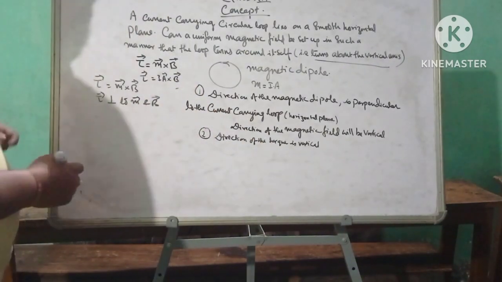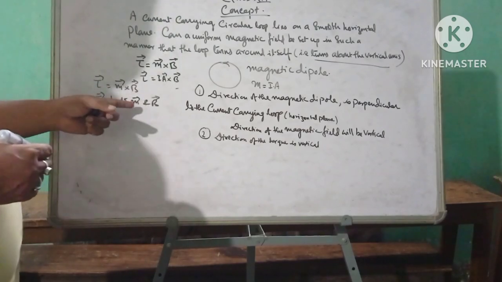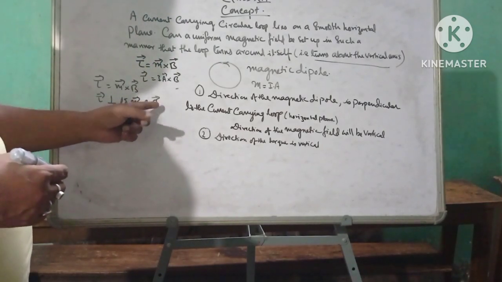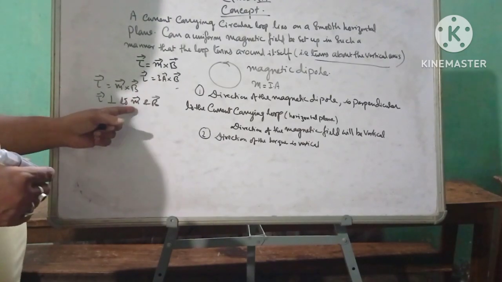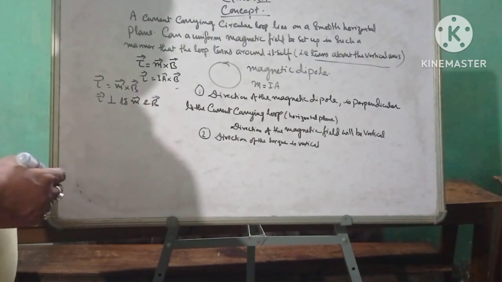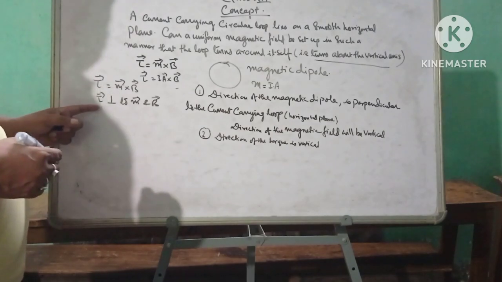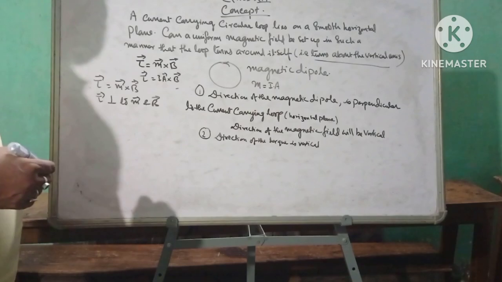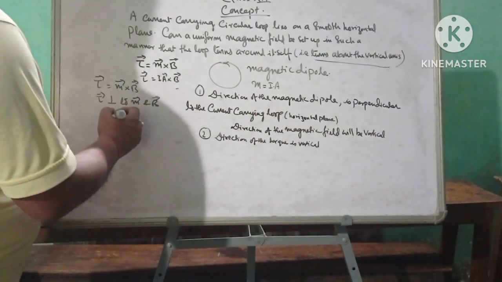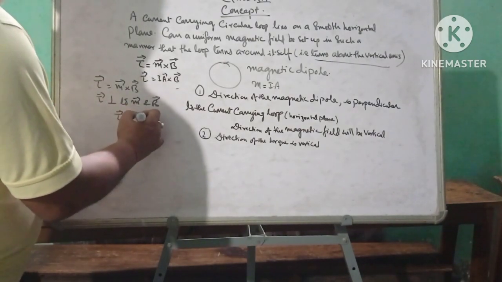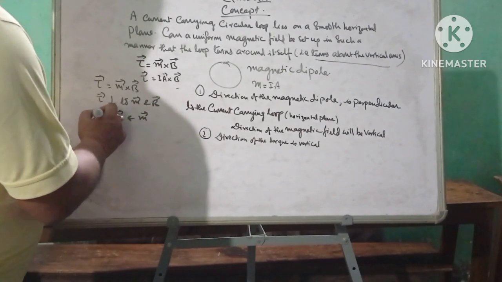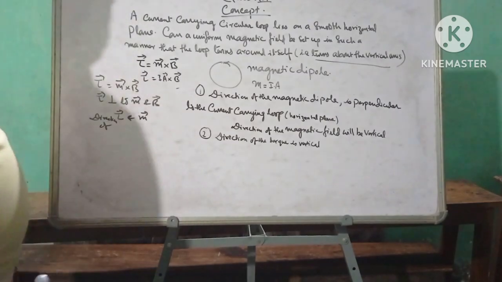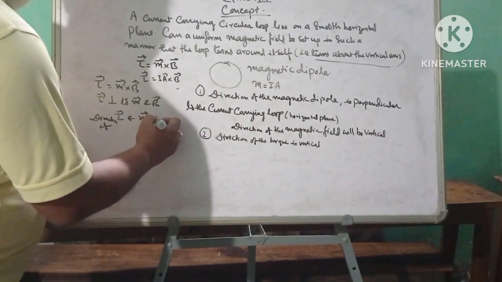Why? Because the theory tells us that the torque must be perpendicular to both magnetic moment and magnetic field. So the torque and magnetic moment can't be in the same direction.